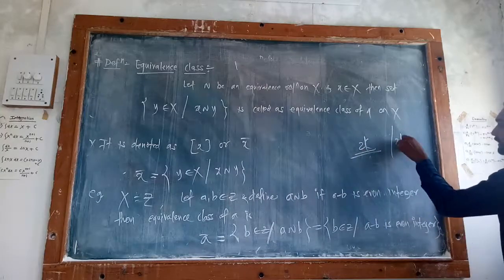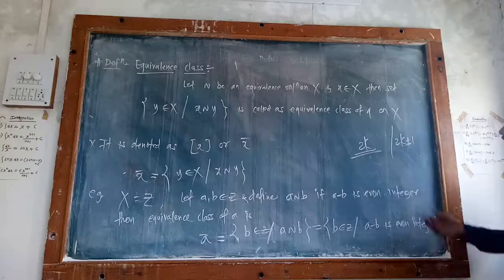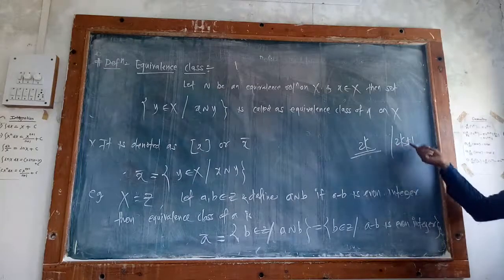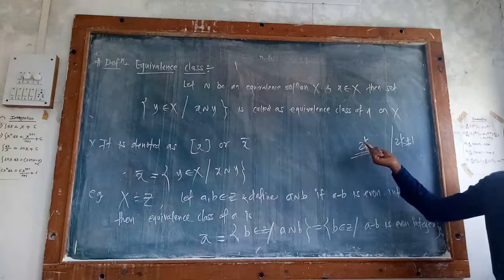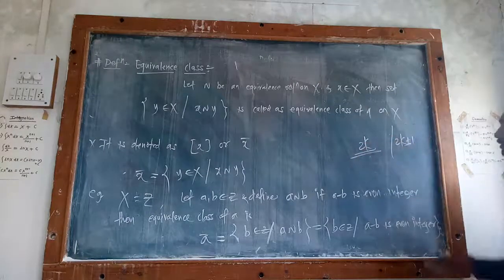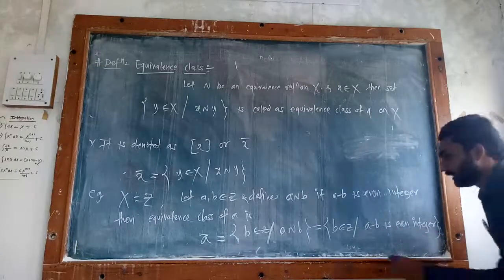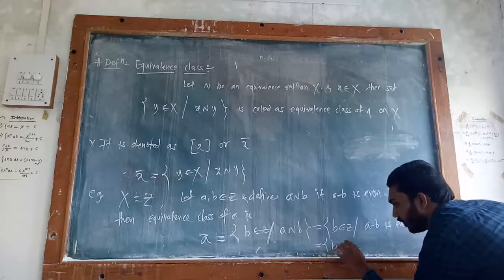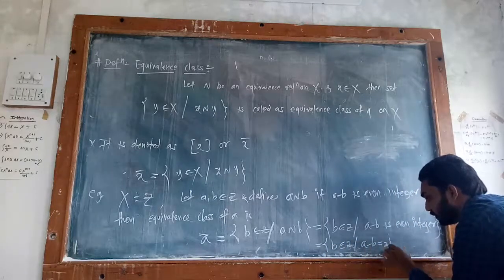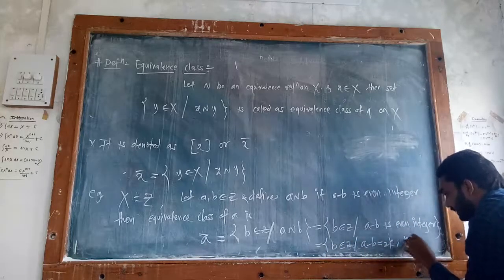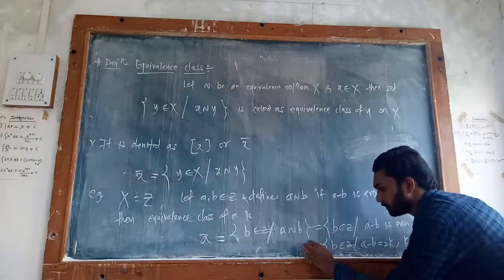And any odd integer is of the form 2k plus 1 or 2k minus 1. So A minus B is an even integer, that means the collection of all integers such that A minus B equals 2k, where k is an integer, right? So what is the equivalent class of A?